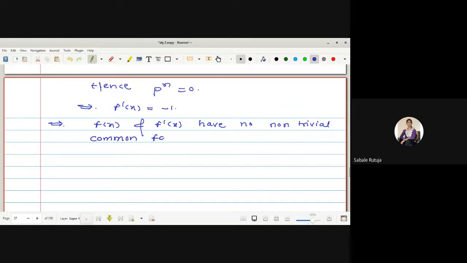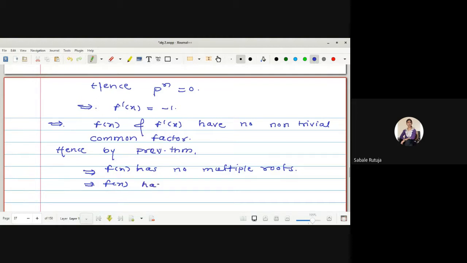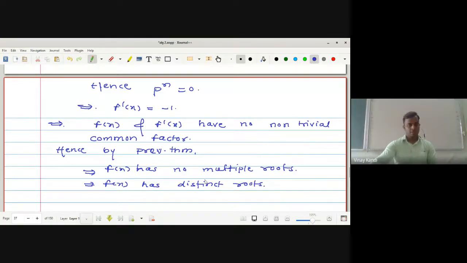Hence, by the previous theorem, we must have f(x) has no multiple roots. That is, f(x) has distinct roots. Any doubt in this theorem? No, sir.